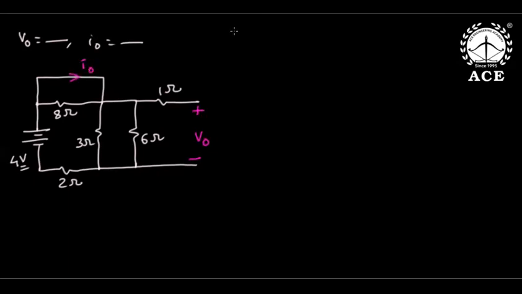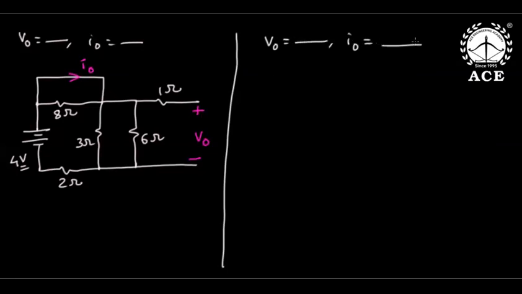I'm extending this problem by modifying certain things. Here also, what is V naught and what is I naught?